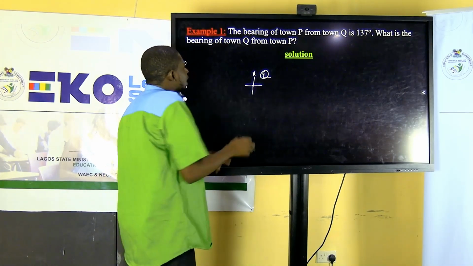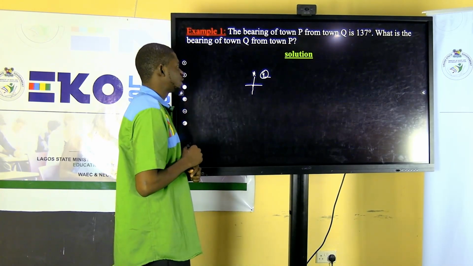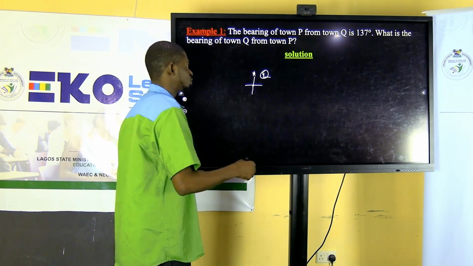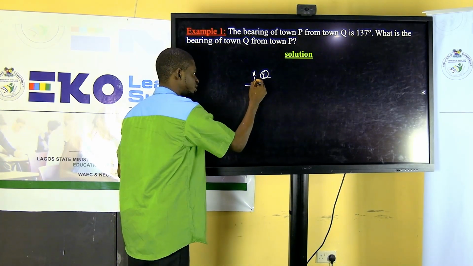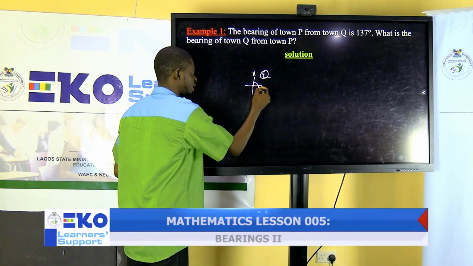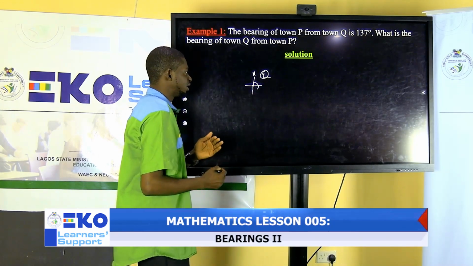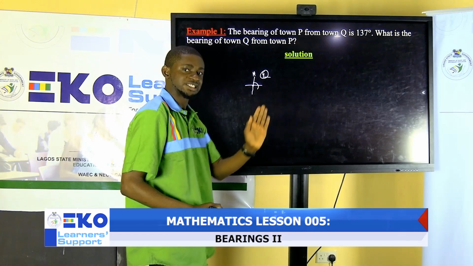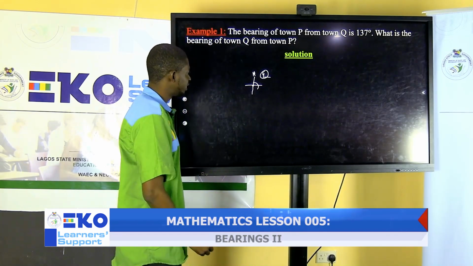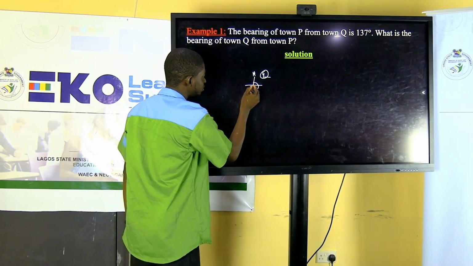Now the bearing of town P from town Q, that means we are going to start from town Q. We read 137 degrees. So if it goes this way, from the north, 137 is going to be in between south and east because it's greater than 90 and it's less than 180. So it moves down.